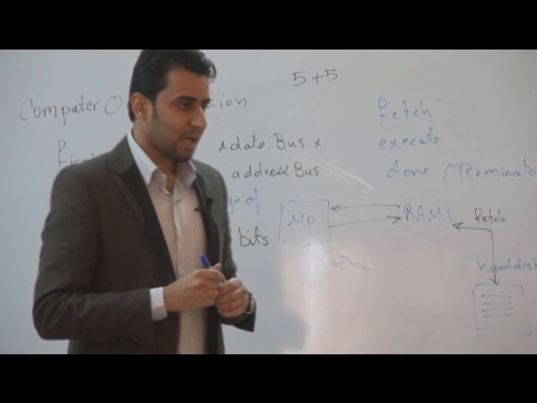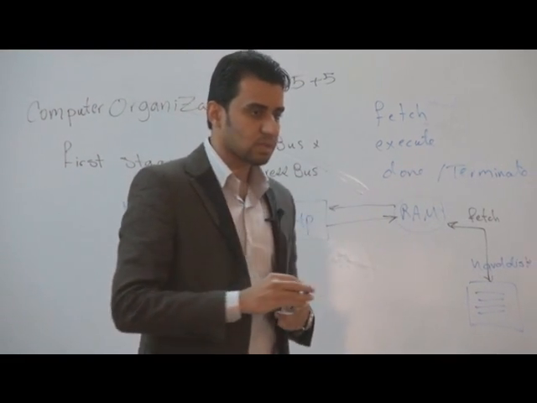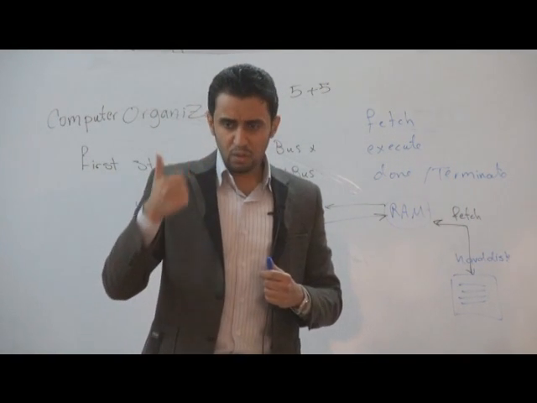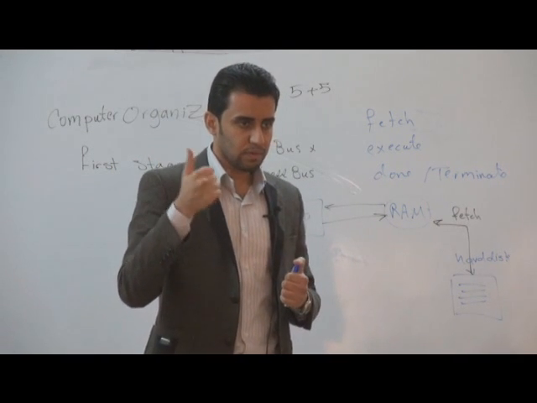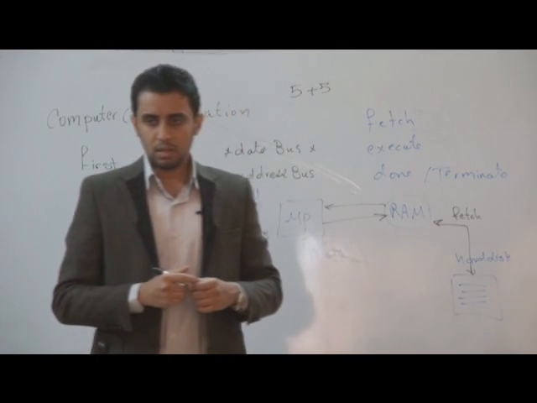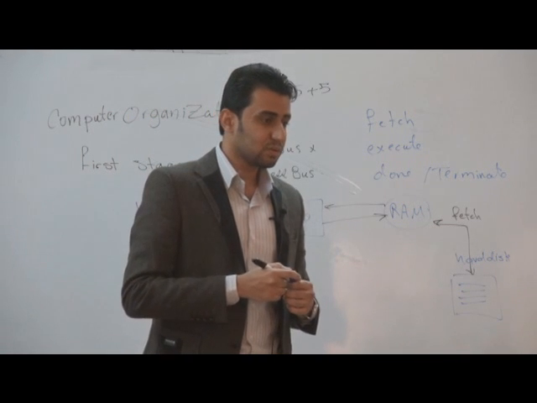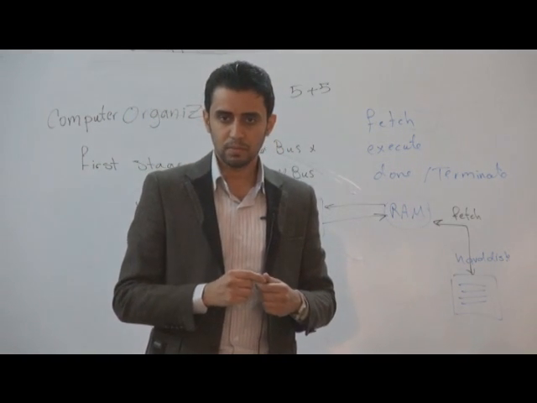Okay? But I want to copy data from the hard disk to RAM and then fetch it to the microprocessor to deal with. I want a very important thing: the location of this data. I gave an example in the previous lecture when I said I want one student from the second stage or from the first stage.